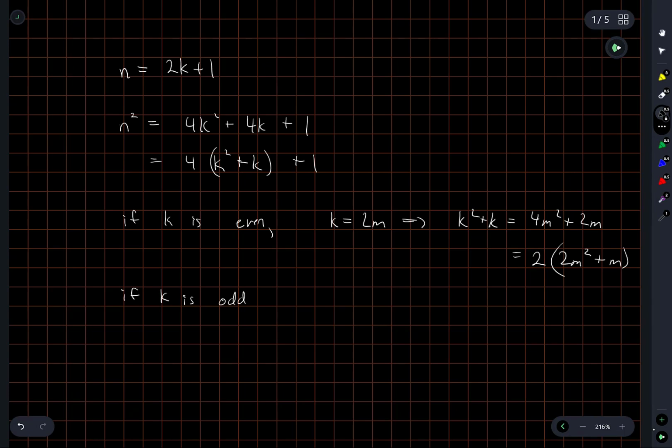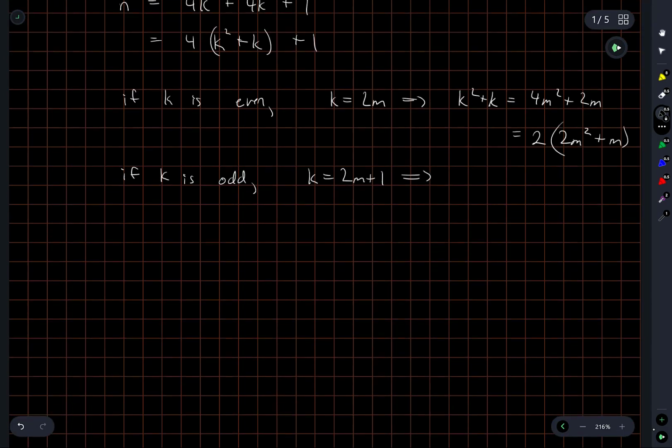Or, if k is odd, then k is equal to 2m plus 1 for some value of m. And so k squared plus k is 4m squared plus 4m plus 1, plus 2m plus 1.